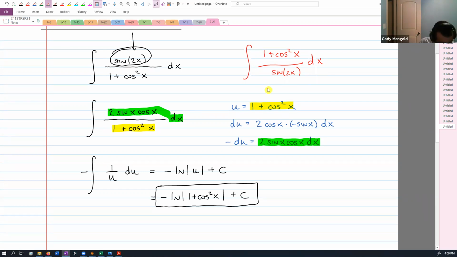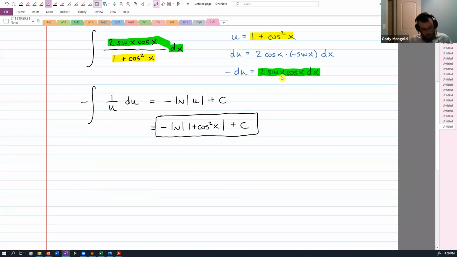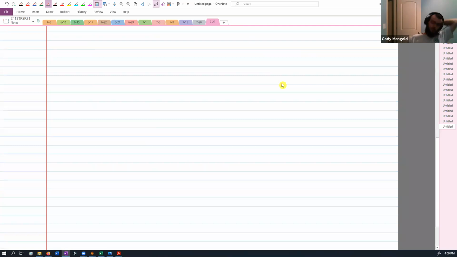I don't think it would work. I think my mental math is not adding up right. Never mind. I think it would go. I would still do the double angle. I'd still turn this into 2 sine x cosine x, and then just split it into 2 fractions. Okay, that method I was saying was wrong. 409, 410. All right.